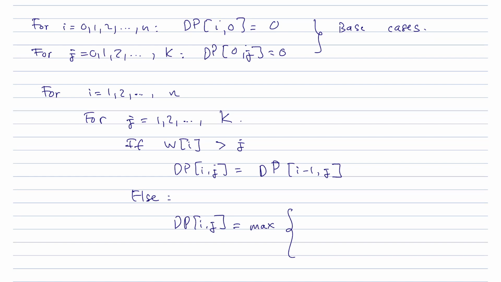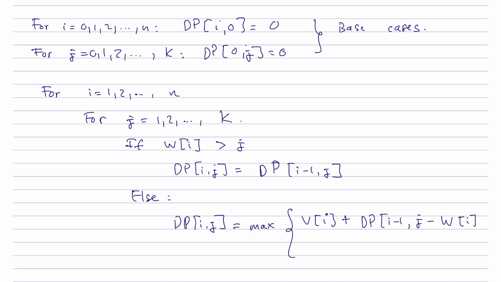So if you pick item i, what you get is the value of item i plus the most that you can get from items 1 to i-1. But because you pick item i, your budget is now j subtract the weight of item i.